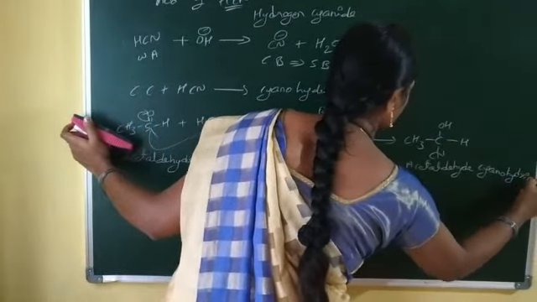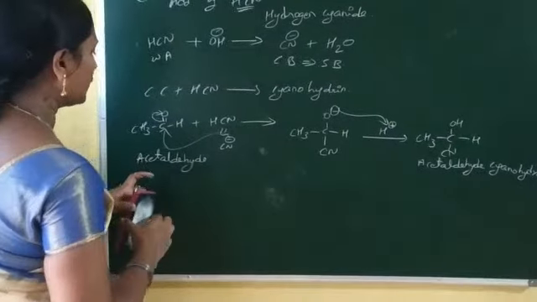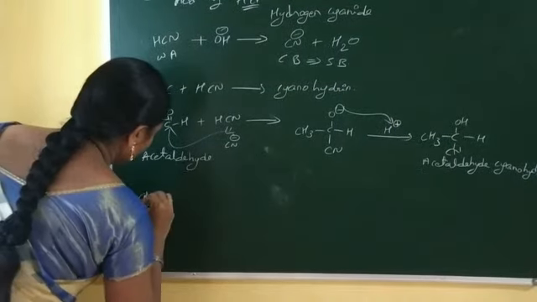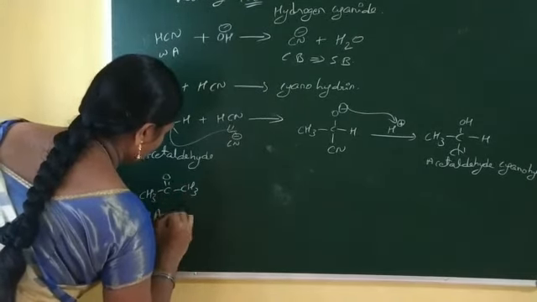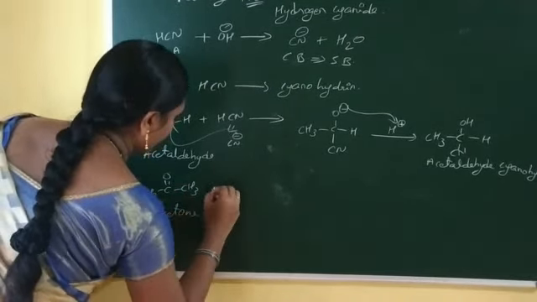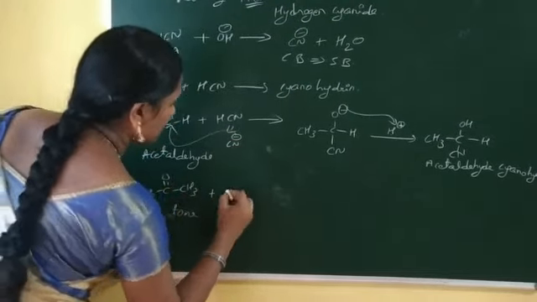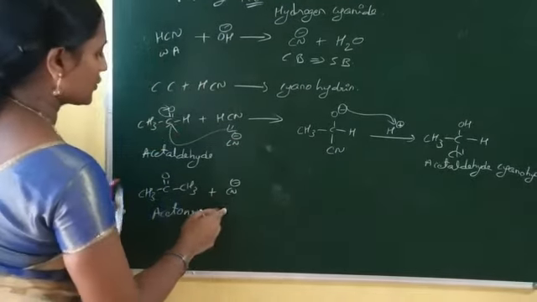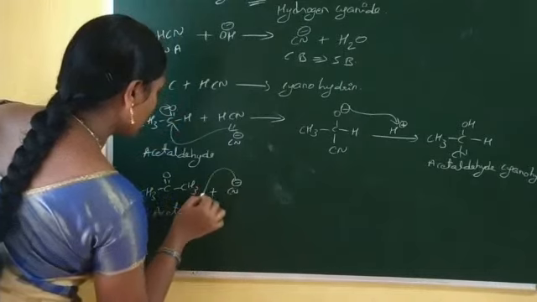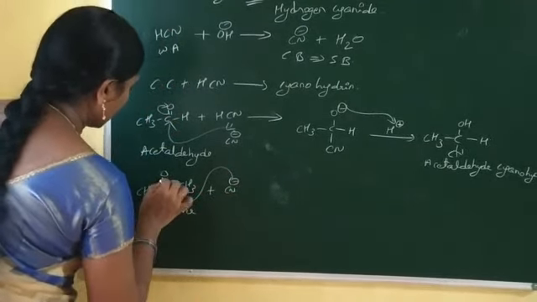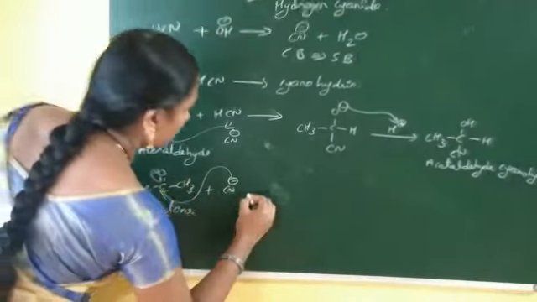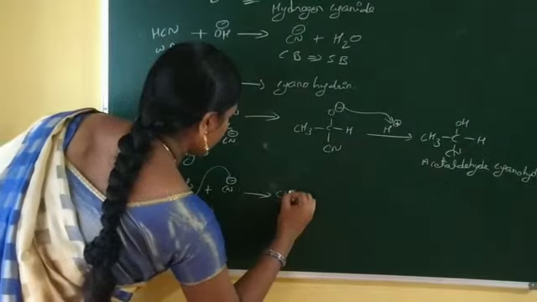Now you take the ketone form. You take acetone. Now acetone is treated with HCN. The HCN gives the CN minus nucleophile. The CN minus nucleophile directly adds at the partially positive carbon atom, and immediately the double bond shifts to the oxygen side to form an oxonium ion.